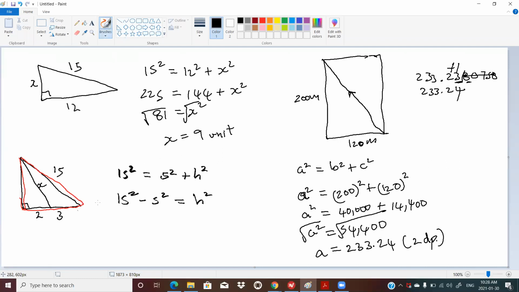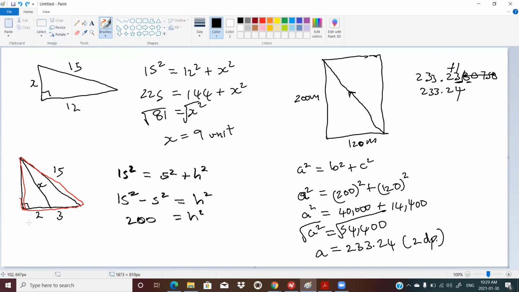So 200 is equal to h squared. Should I take the square root of both sides? Maybe not, because I can just work with h squared. So h squared is equal to 200.